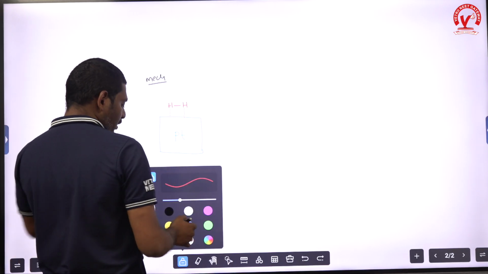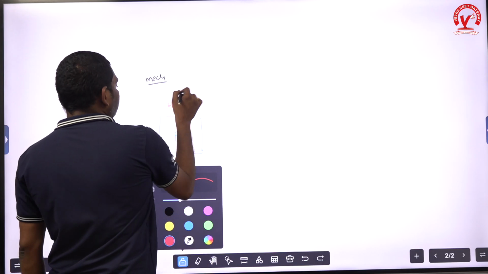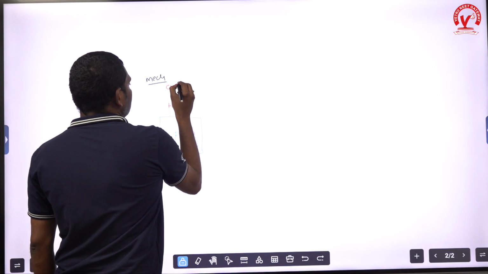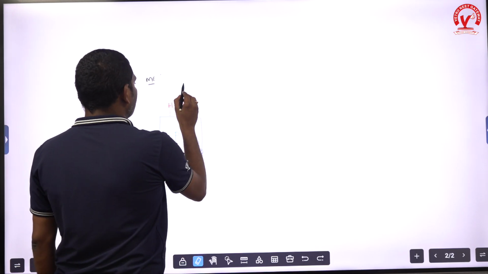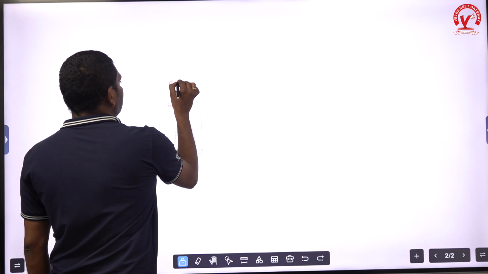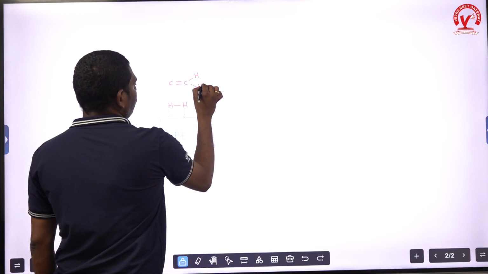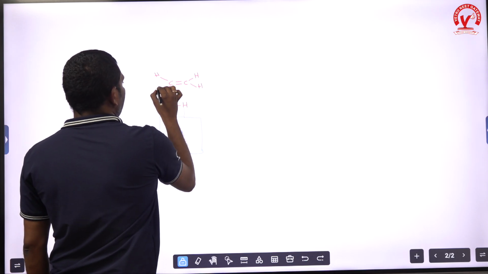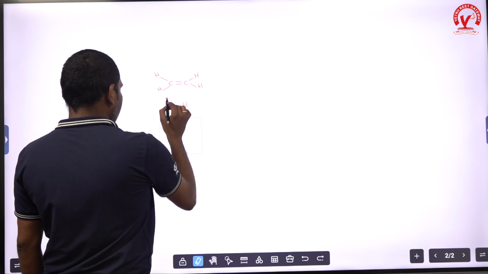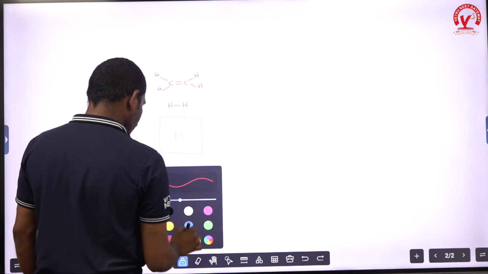Then I will take one alkene, CH2 double bond CH2, with hydrogens.